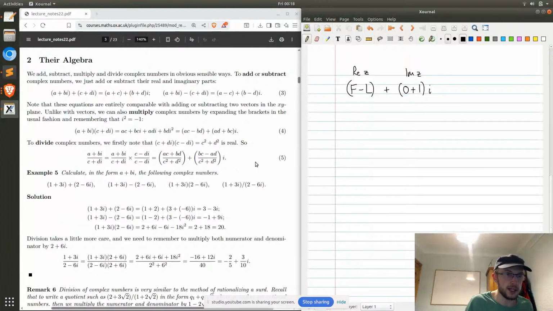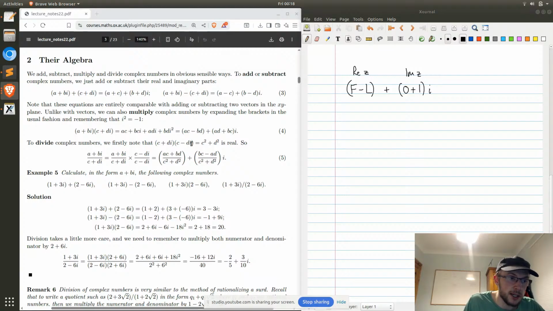Now, to divide complex numbers, we firstly note that c plus di times c minus di is simply equal to c squared plus d squared. This relationship is called conjugacy. That first complex number, c plus di, and that second complex number, c minus di, are conjugates.